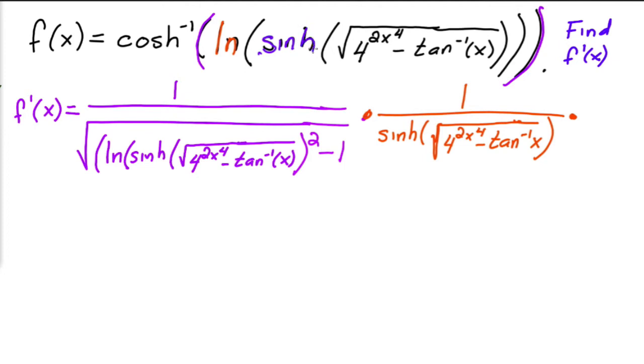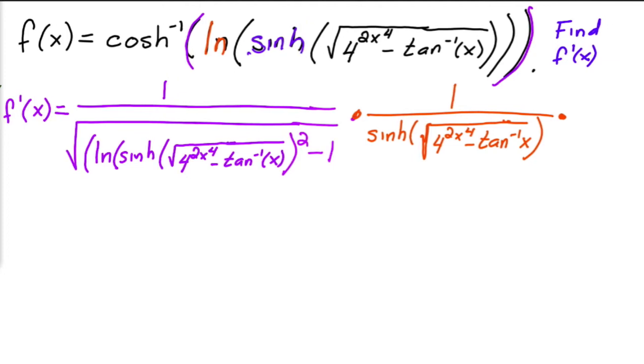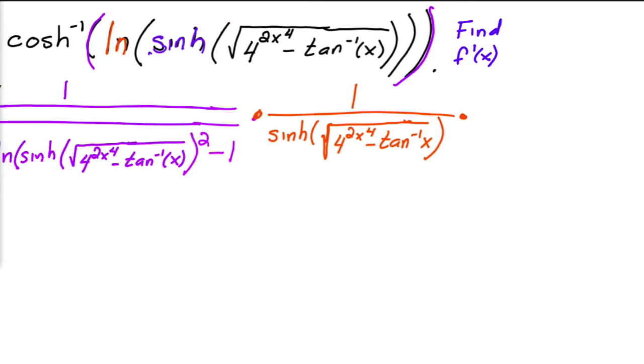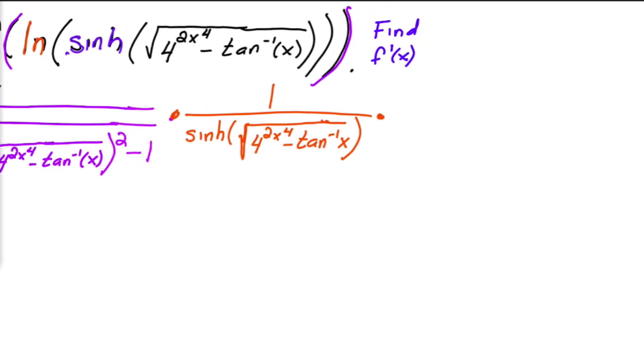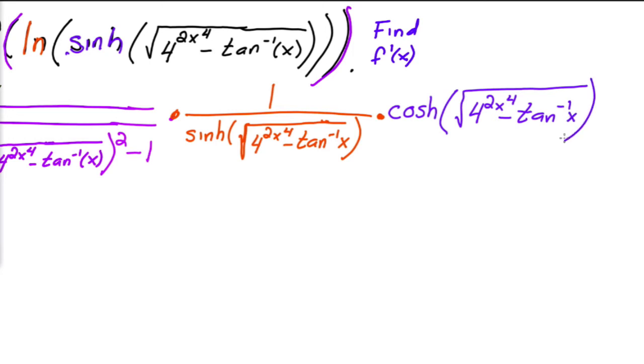Which is this guy right here, sinh. So let me get a little bit more room. So now I have the derivative of sinh, which is positive cosh of, leaving the inside alone, 4 to the 2x to the 4th minus inverse tangent, times, again, the derivative of its inside, which is all of this.